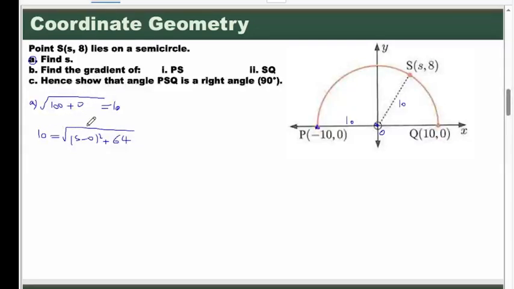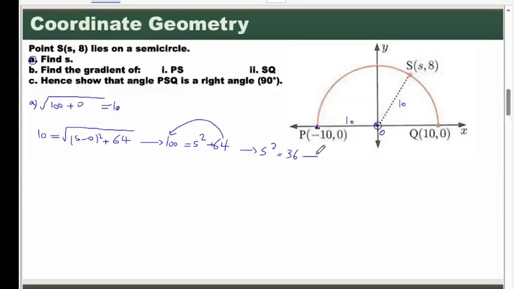I raise both sides to the power of 2. So I will have 100 equals s squared plus 64. I bring 64 to the left side and change the sign, 100 minus 64 would be 36. So s squared equals 36.